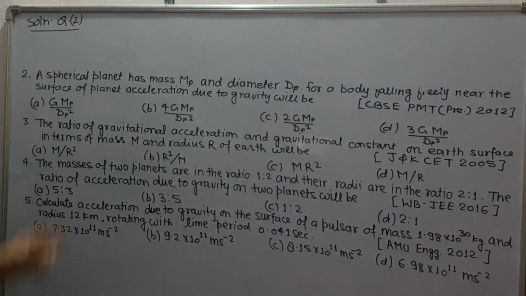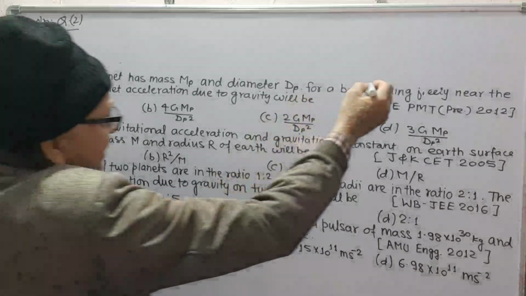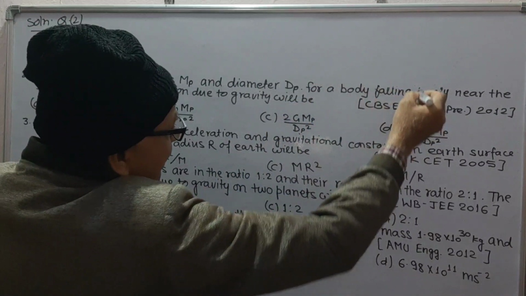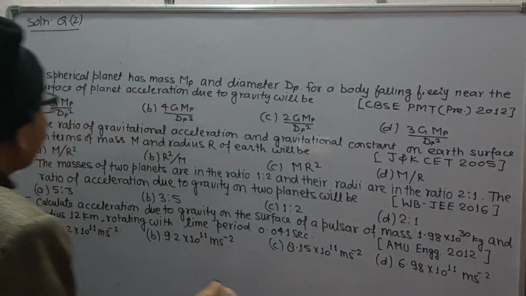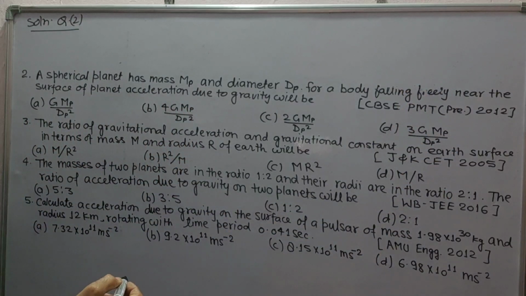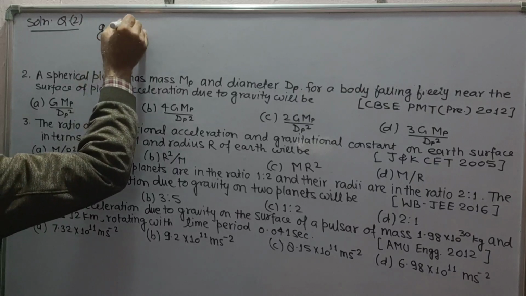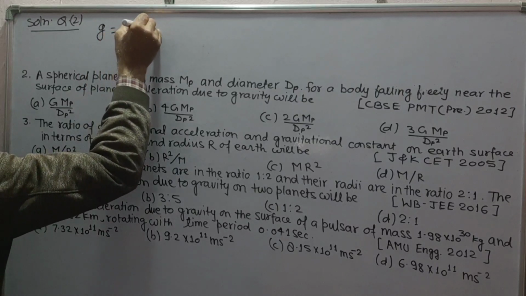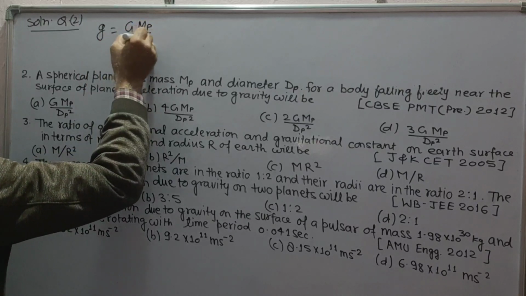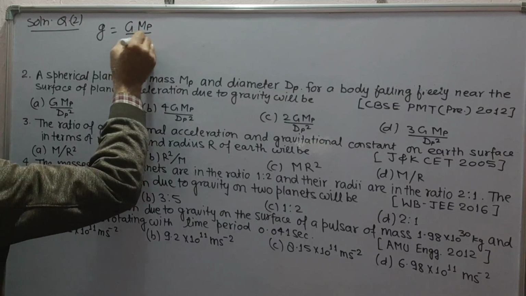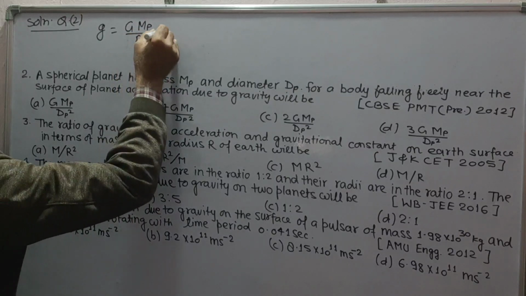Here the question is: a spherical planet has mass Mp and diameter Dp. For a body falling freely under gravity, acceleration due to gravity near the planet surface will be. So g will be equal to G Mp upon Rp square.